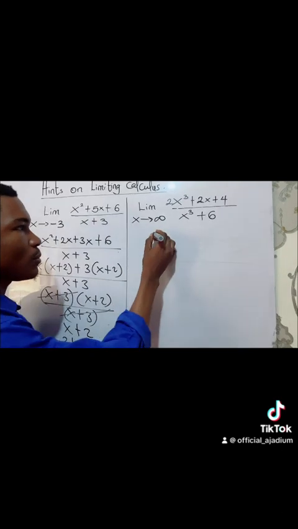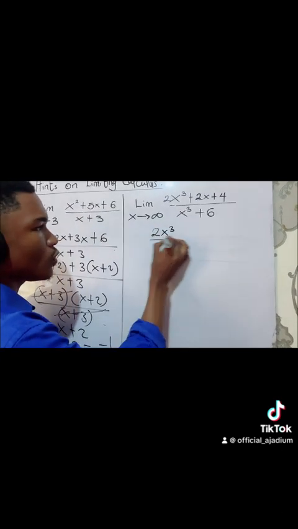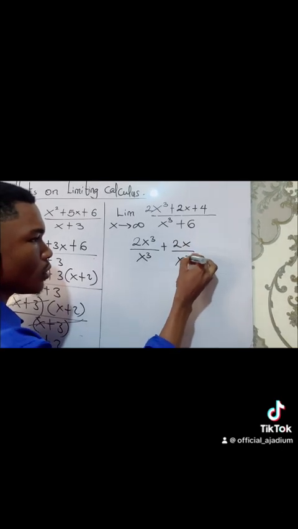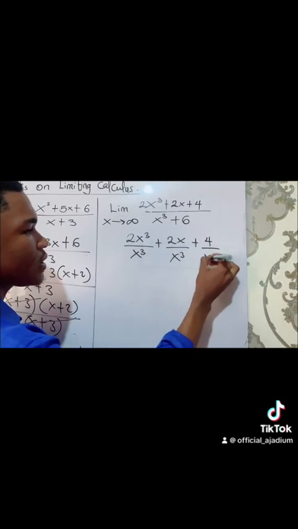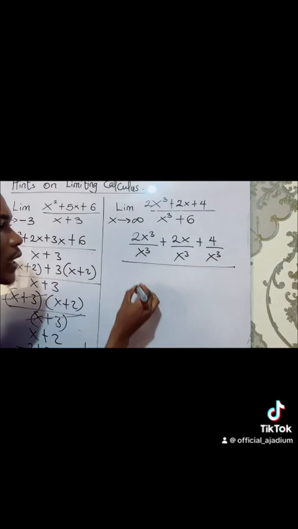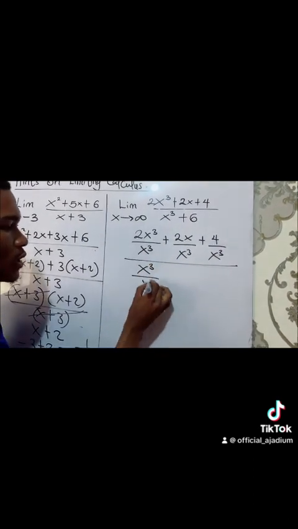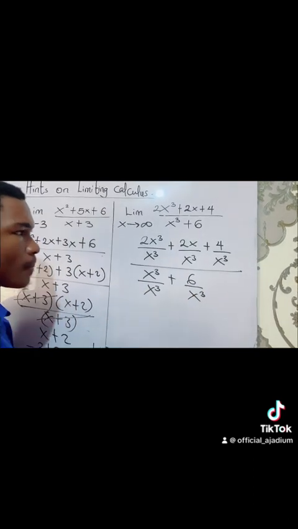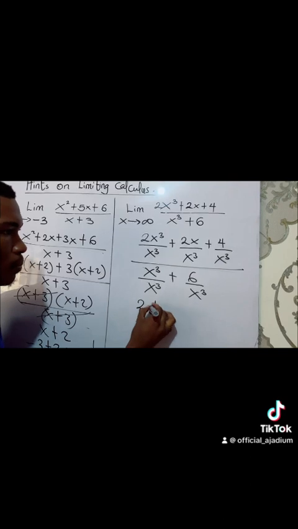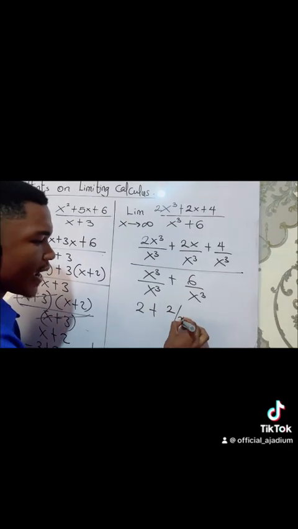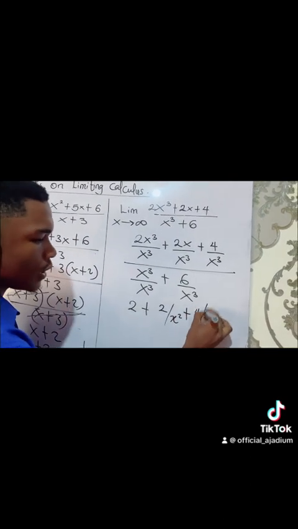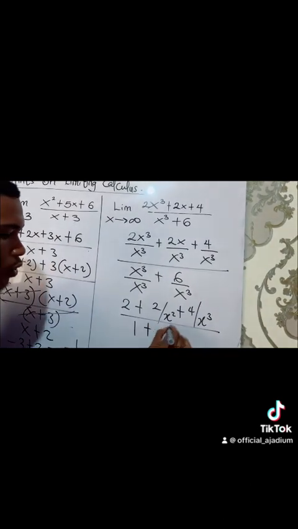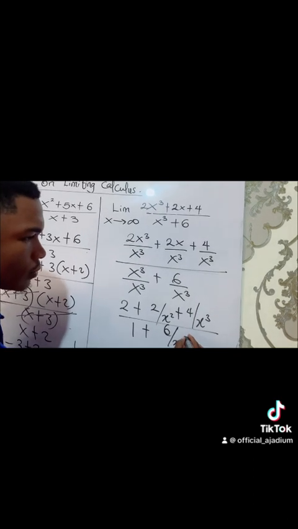So if I do that, I'm going to have 2x cubed over x cubed plus 2x over x cubed plus 4 over x cubed, all divided by x cubed over x cubed plus 6 over x cubed. And that will give us 2 plus 2 divided by x squared plus 4 divided by x cubed, divided by 1 plus 6 over x cubed.